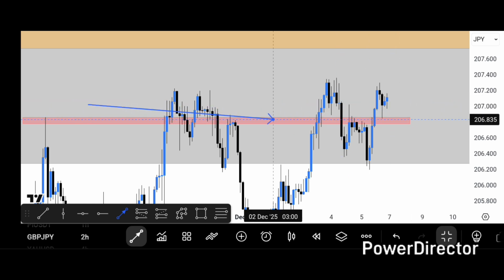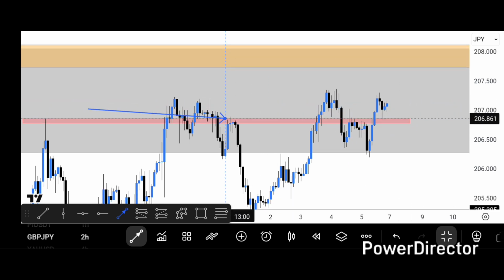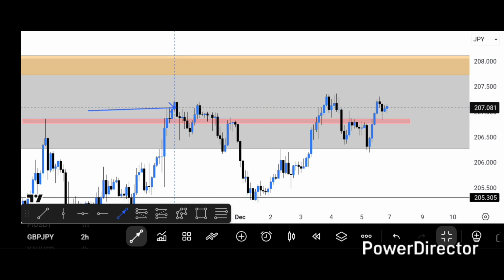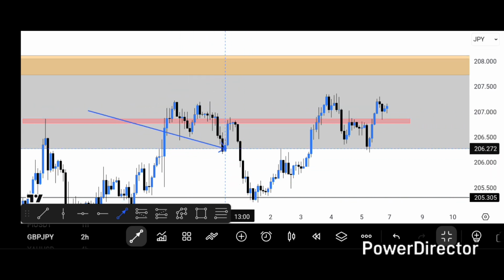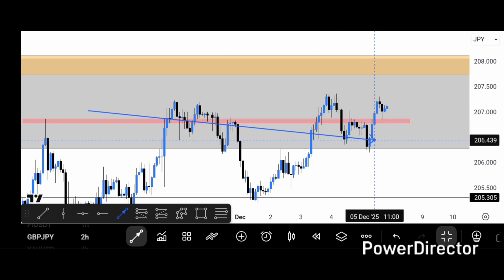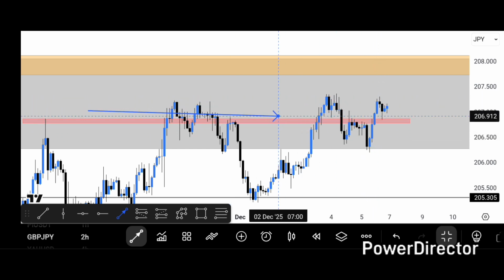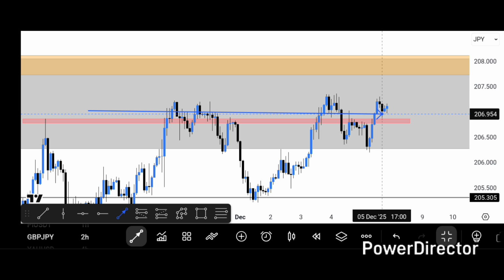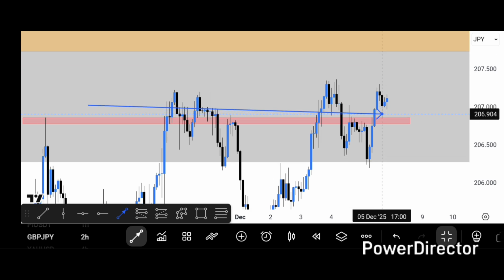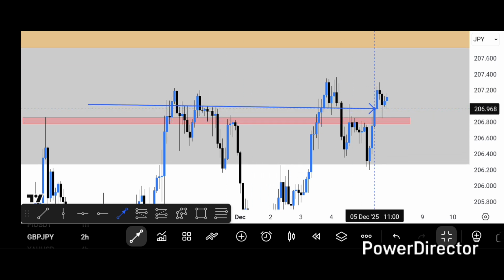Now you could call this a reversal pattern because this is the last lower high price made in this counter trend here. It's counter trend. This was the last lower high it made, and now we are above that last lower high. We came back to retest that zone, which is here. So you can call this a reversal pattern, which is like a change of structure kind of thing.